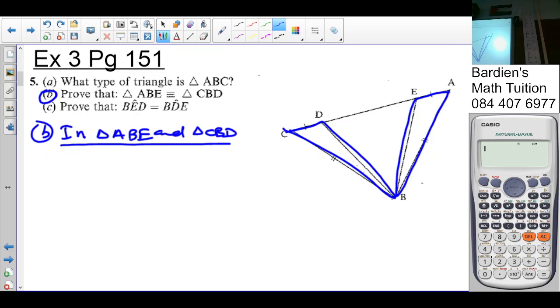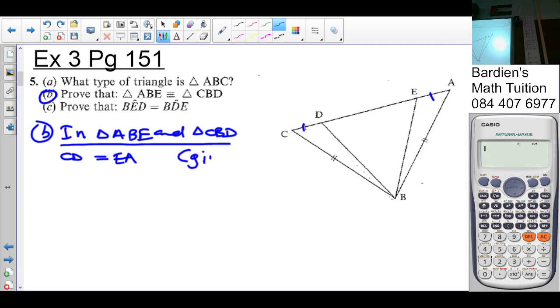What can we say about those two triangles? CD is equal to EA. Why? Given. That is given to us. Another one. CB is equal to BE. Given. One more.